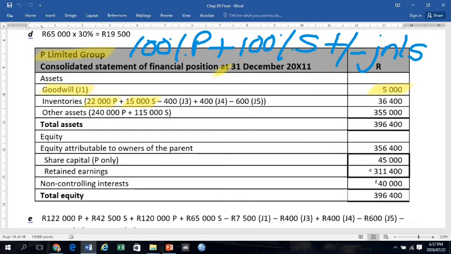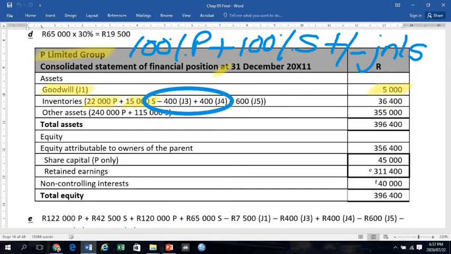In the journal entries, the consolidation intra-group journals, Journal 3 and 4, which we've looked at earlier, there was a credit entry of 400 to adjust the opening inventories to be in line with the closing inventories in the prior year.